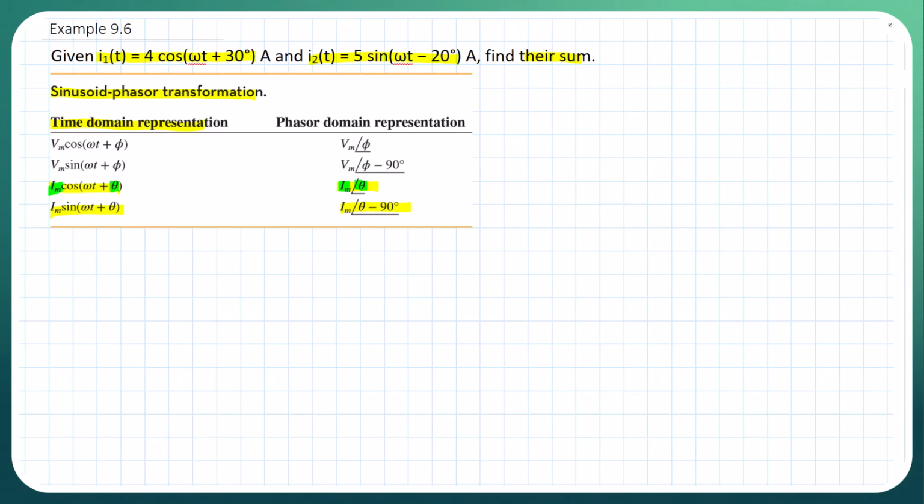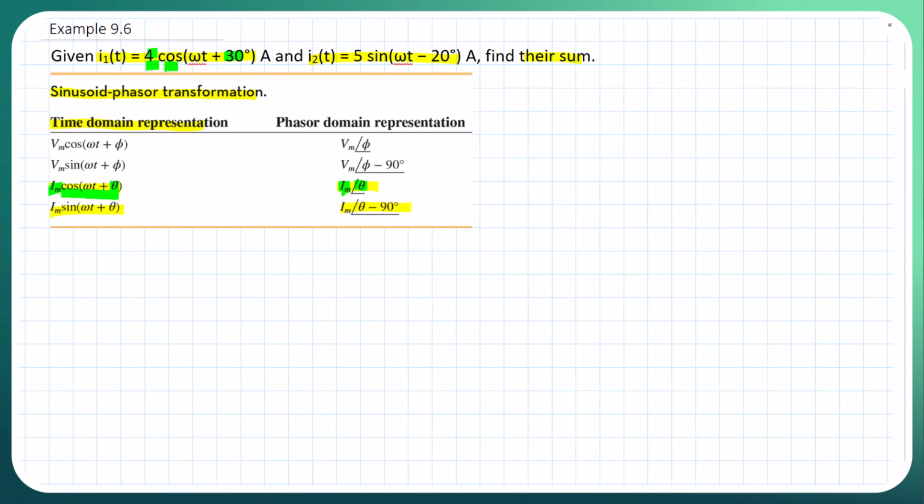So we want to take current I1 and put it in its phasor form. As you note, that current I1 has the amplitude 4, it's cosine omega t plus 30. So this is the same form that we have here. Essentially all we have to do is take the 4 and the 30 and plug it into the Im and angle there.